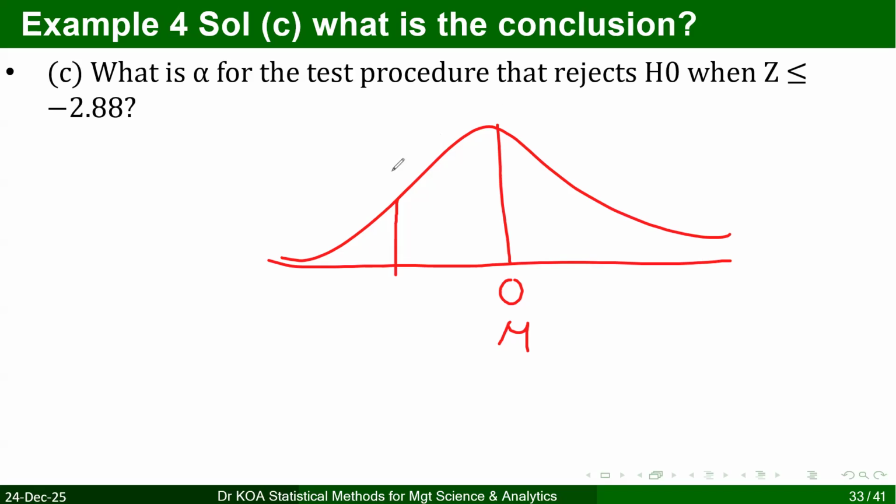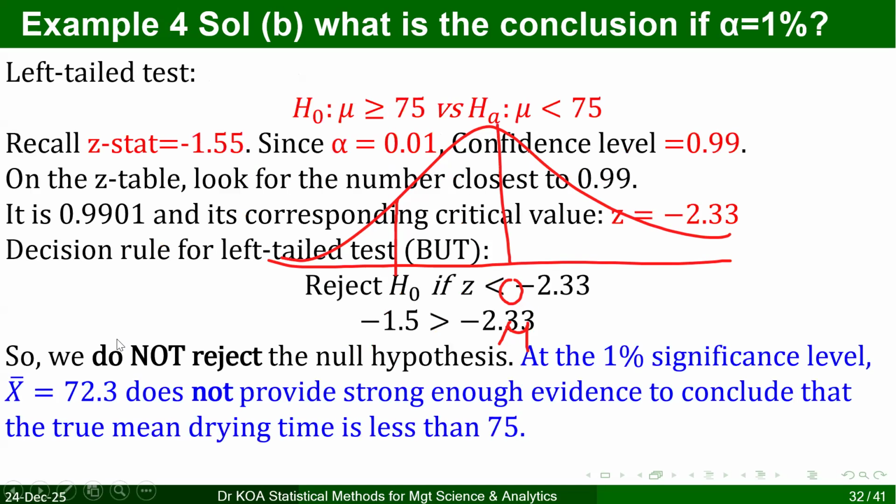So in this very example, let me just go back to it. In this very example, the critical value is the 2.33. So that 2.33 is this.